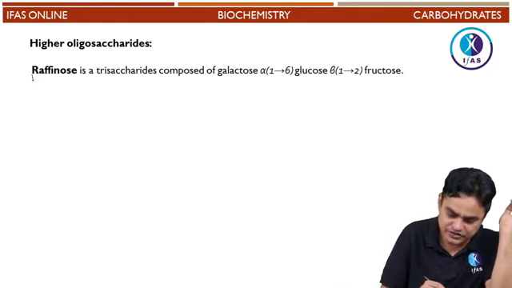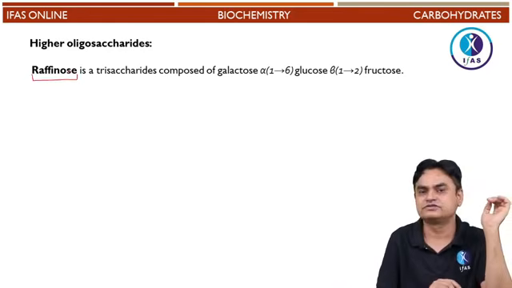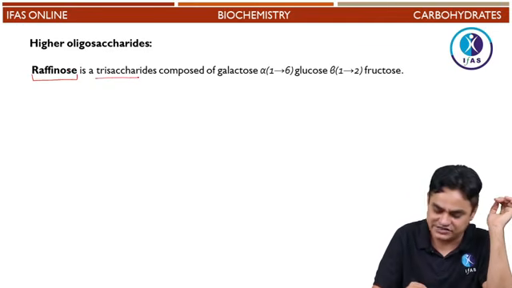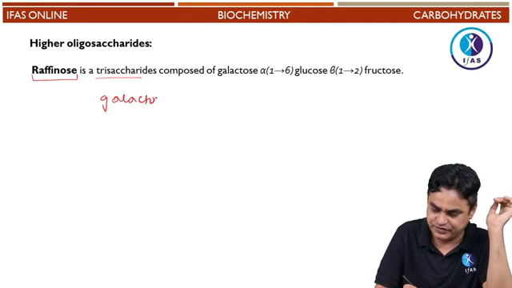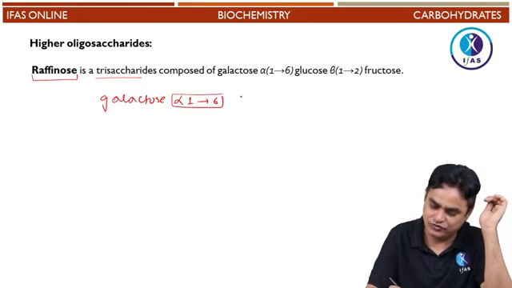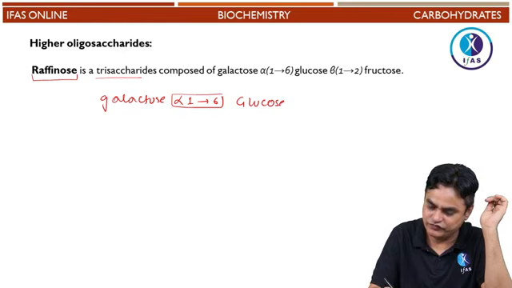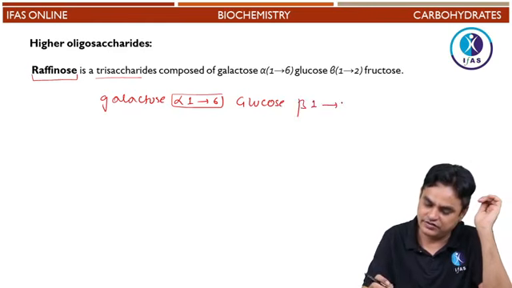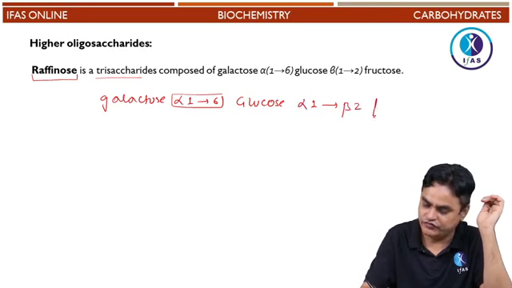Okay, and you can also take some examples of higher oligosaccharides present in biological systems. For example, you can take the case of raffinose. Raffinose is a trisaccharide composed of one galactose which forms an alpha 1,6 bond with a glucose, which forms a bond, alpha 1, with a beta 2 of fructose.